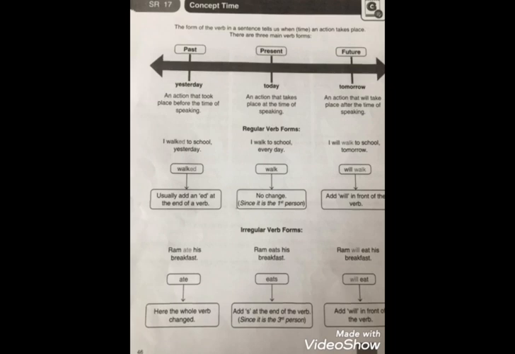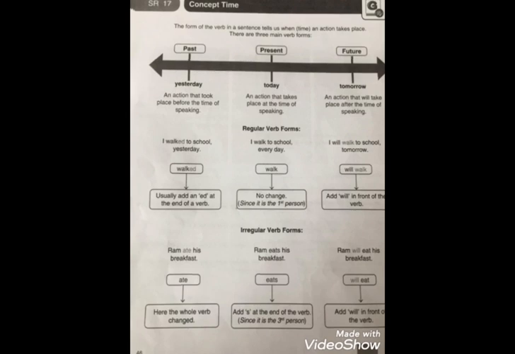So coming to the irregular verb forms: ate, eats, will eat. Ate is past, eats is present, will eat is future. Ram ate his breakfast. Ram eats his breakfast. Ram will eat his breakfast. So the same formula will be applied in irregular verbs also.